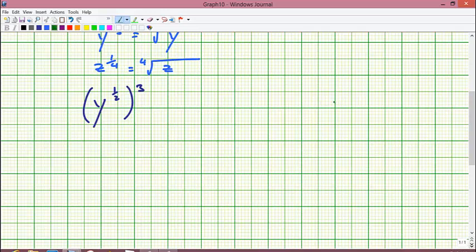This is the rule where a to the power of m to the power of n equals a to the power of m times n. So let's go back to our problem. Y to the power of a half cubed equals y to the power of 1/2 times 3, which is y to the power of 3 over 2.